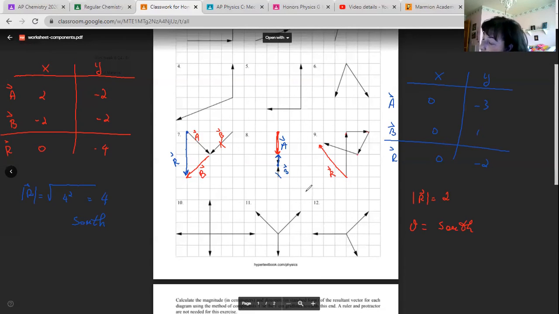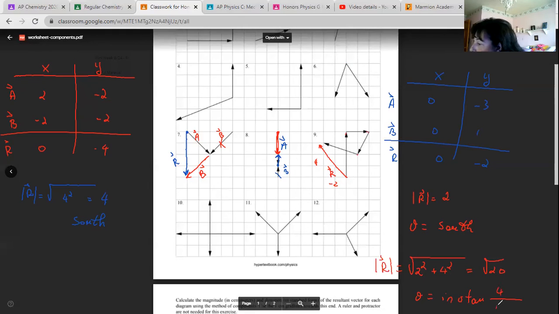So what is the magnitude? If this is -2 and this is plus 4, the magnitude of R is going to be square root of 2 squared and 4 squared. So it's 16, 20, square root of 20. And theta is going to be the inverse tangent of rise over run.